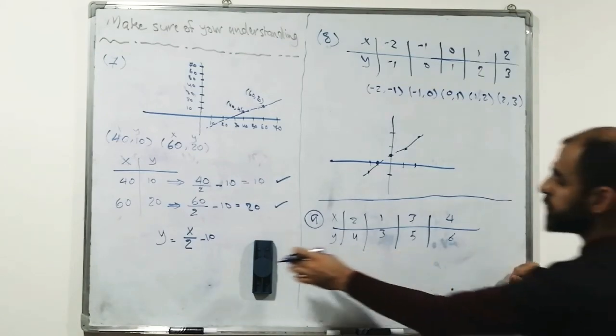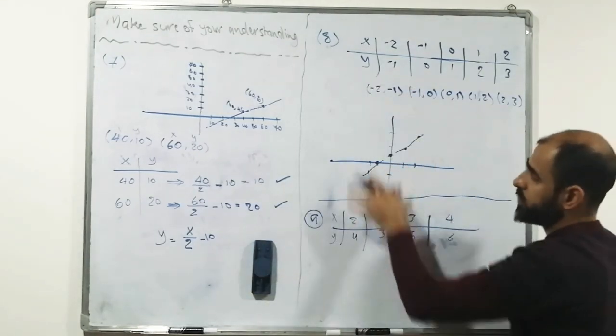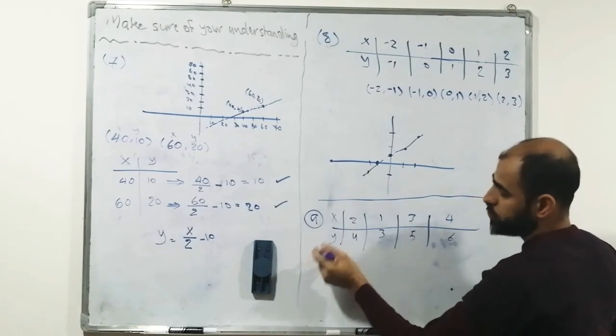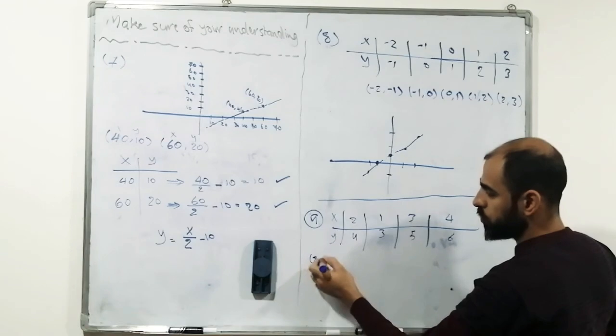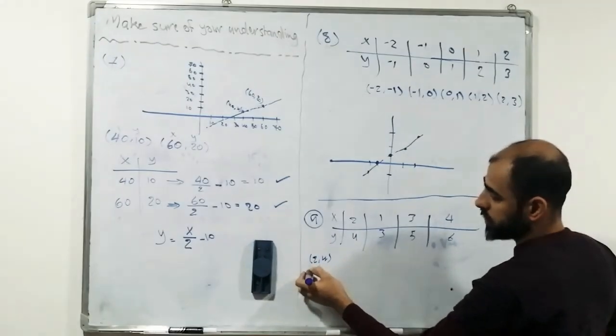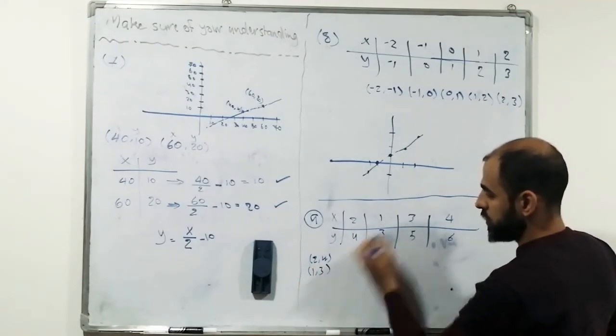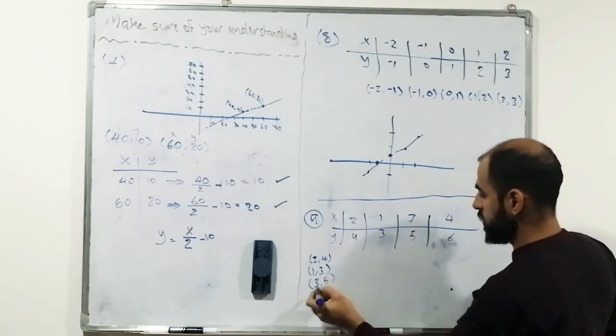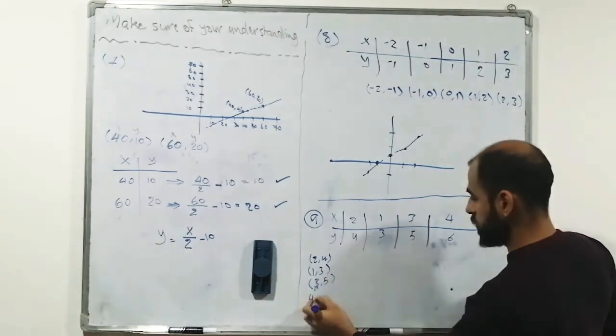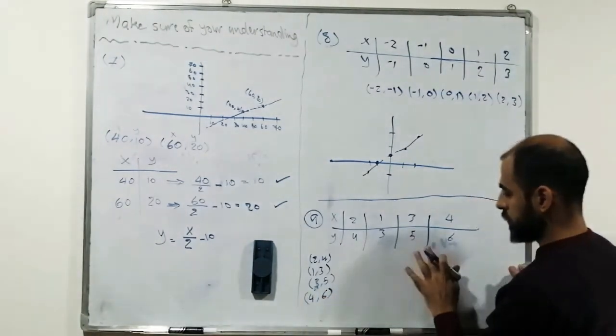We find the ordered pairs the same way as the last question. 2 with 4, and the other ordered pairs are 1, 3, and 3 with 5, and 4 with 6.